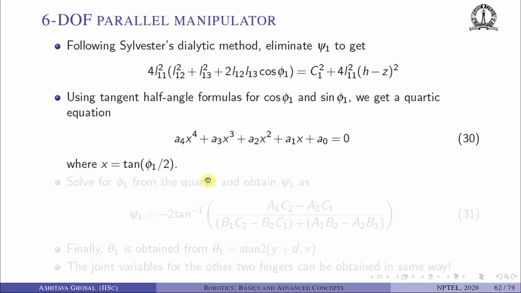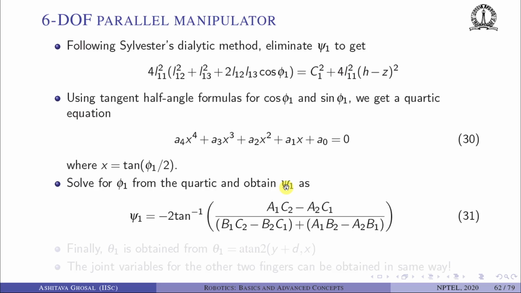So you can solve for phi 1 from this quartic, and in the process we also obtain psi 1. This is the standard elimination technique. When we've obtained y, we also obtain x in the quartic.